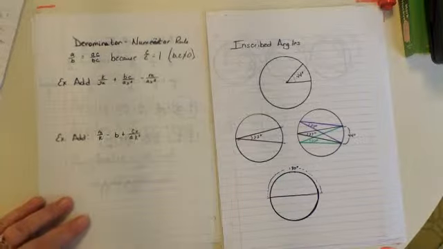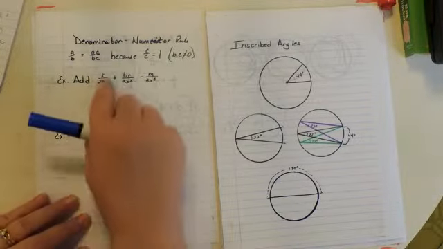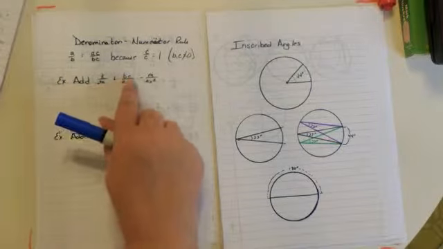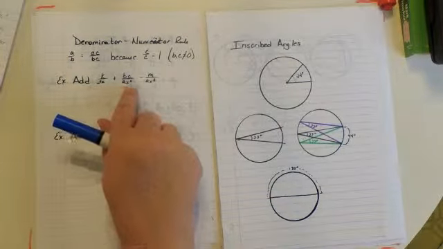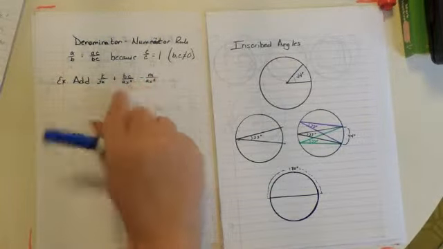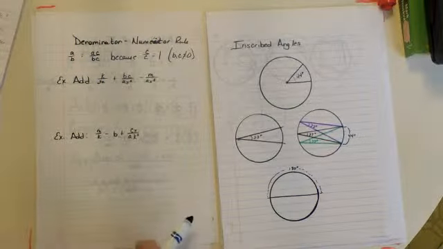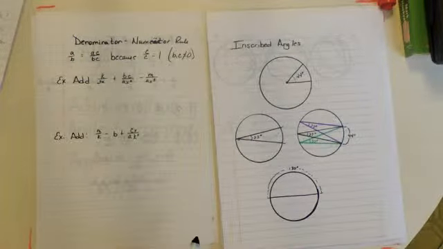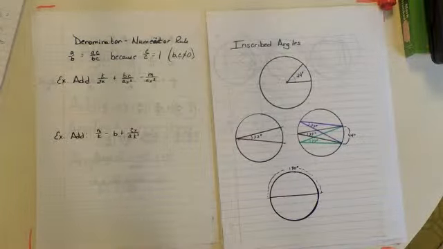Okay, here's an example. We're going to add k over 2a plus bc over ax squared minus m over ax cubed. So the least common multiple of these denominators is going to be 2ax cubed.